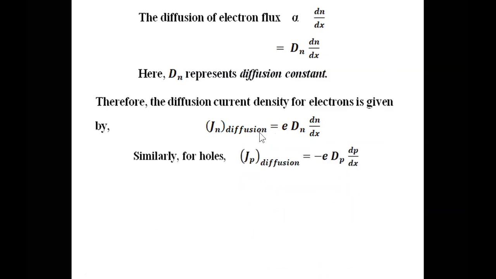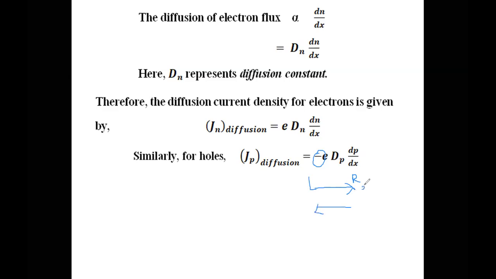Similarly, the current density due to diffusion of holes is given by minus E Dp dp by dx. Here we need to understand what this minus symbol means. Generally this minus symbol represents that the electrons and holes are moving in opposite directions. For example, if you take a semiconductor block, electrons are moving from left to right, then holes will be moving from right to left.